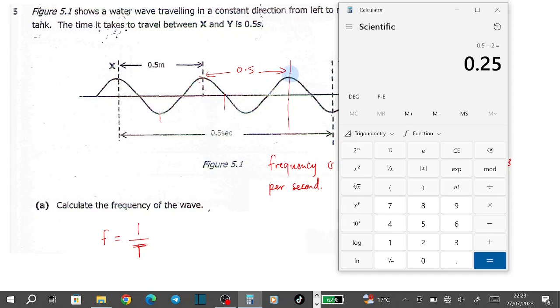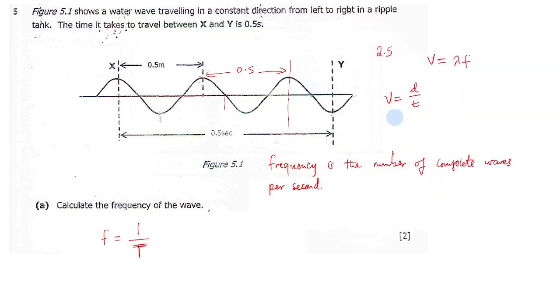So 0.25 plus this 1 is going to be 1.25. So now the distance from here up to there is 1.25 meters, over time from here to there 0.5 seconds.